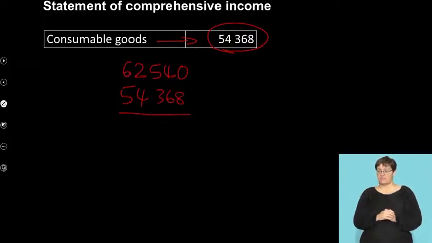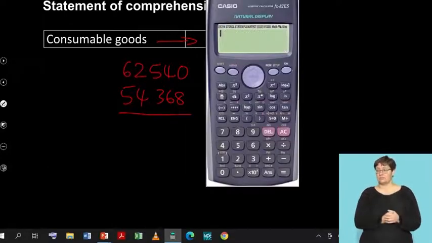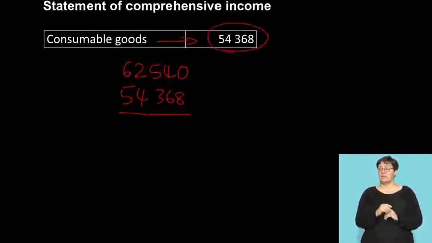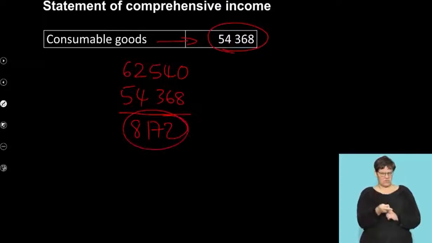Let's get that figure here. Here we go, 62,540 minus 54,368. Obviously, the 8172. What is the 8172? That is your consumable stores on hand left over. That will go to your balance sheet under inventories.